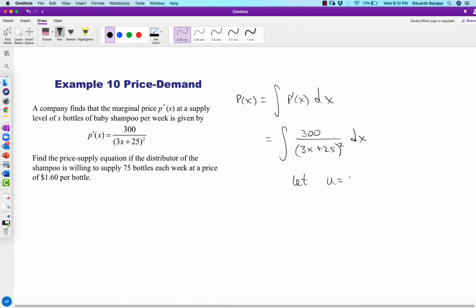So let's let u equal 3x plus 25, which means that if I take the derivative with respect to x of both sides, I get du/dx is equal to 3, so du equals 3 dx.